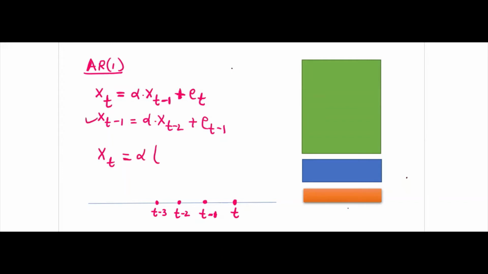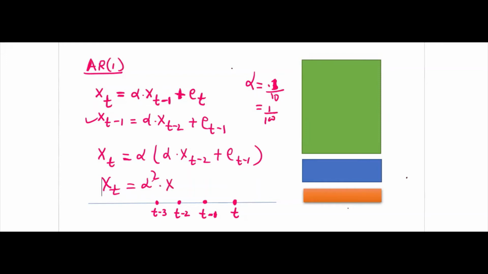Then again I will see that there is a link, though if I take alpha 0.2 or 0.3 it's stationary. 0.3 means 3 divided by 10, or if I take 0.1, that is 1 divided by 10, it will be 1 divided by 100. But there is a link. That's what I am saying: alpha squared xt minus 2 plus alpha et minus 1 plus et.